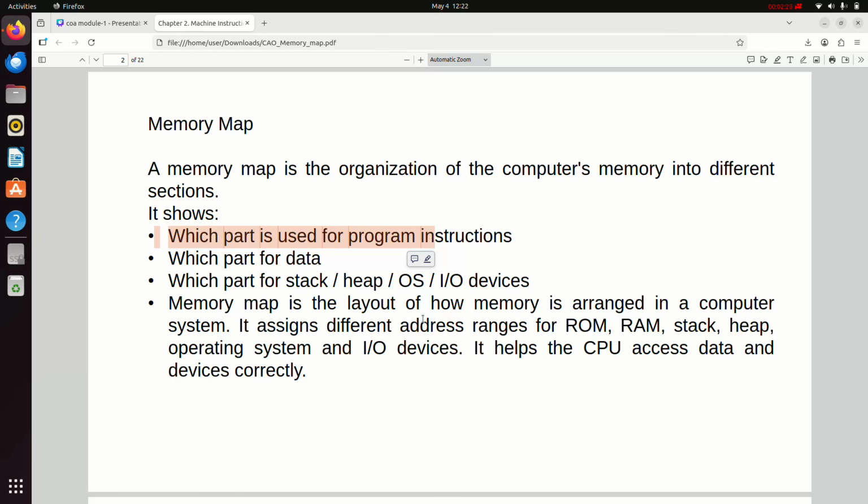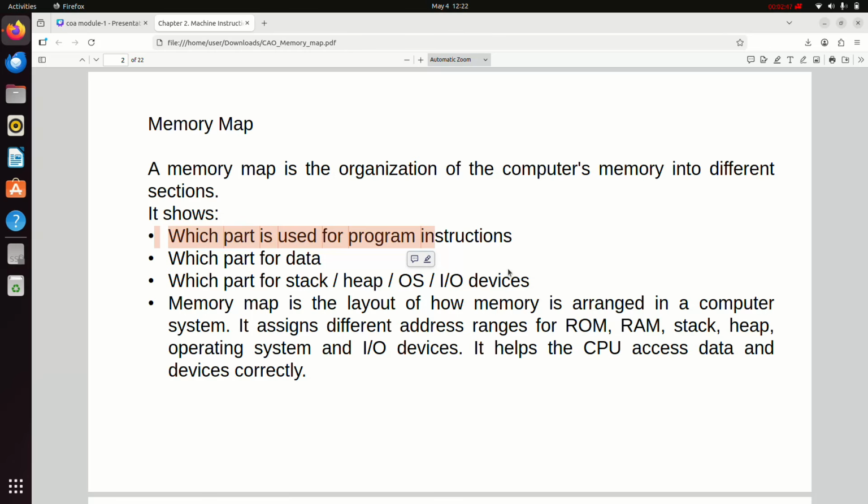That is how memory is divided, so we can easily access the data and devices correctly. Therefore the memory map shows how the memory is organized and how the different parts are used.